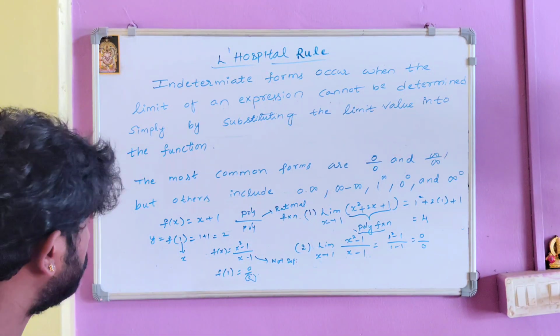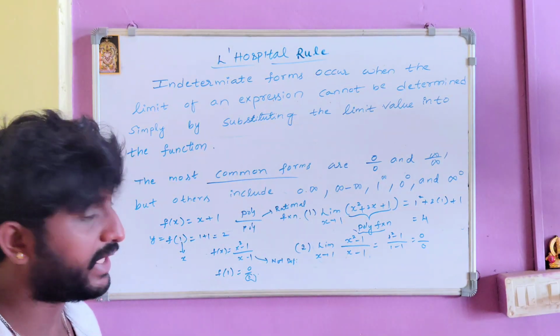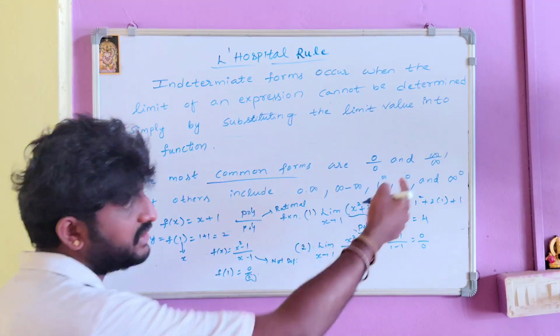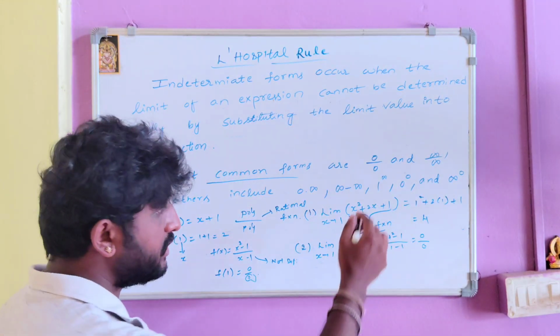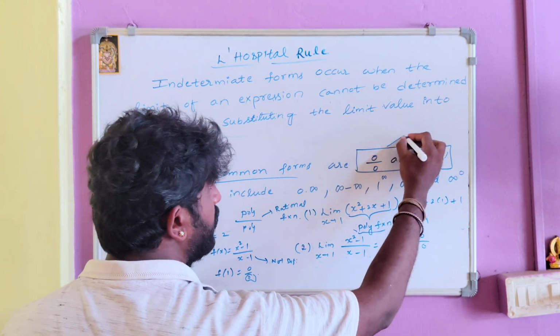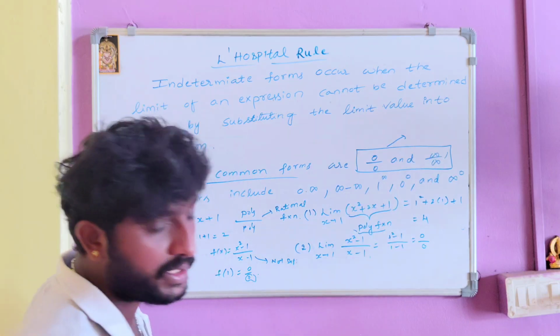Now there are some common indeterminate forms. One is 0 by 0, another one is infinity by infinity. These are the two most important indeterminate forms, 0 by 0 form and infinity over infinity form.